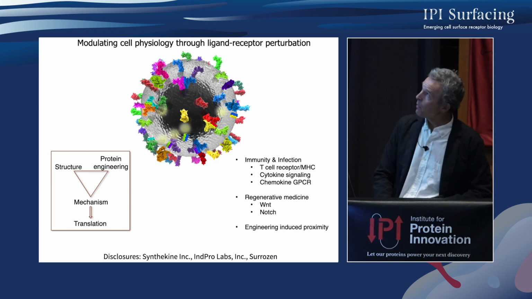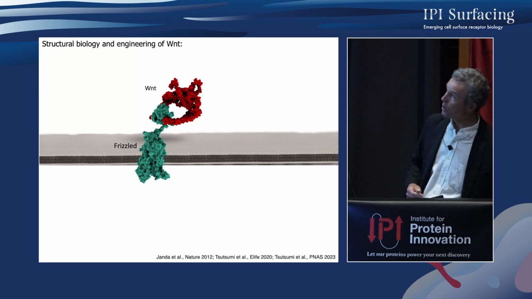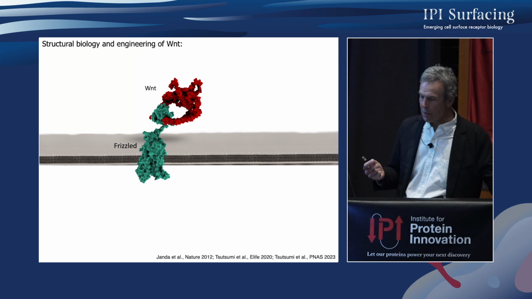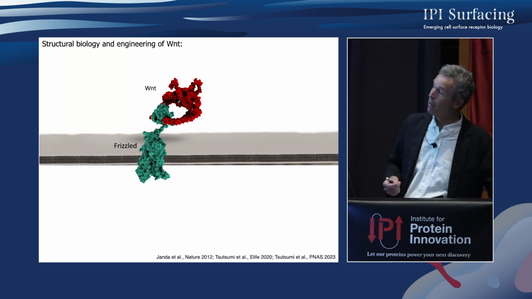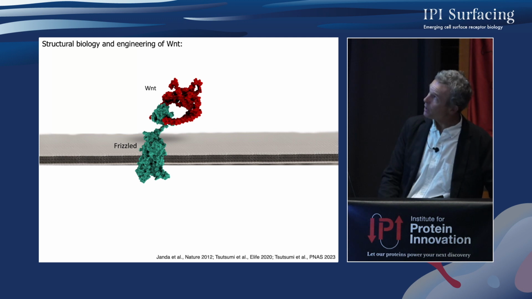So I'm going to start off with Wnt, which probably needs no introduction. I came into Wnt because it was this really interesting structural challenge of a lipidated growth factor that bound to a receptor, frizzled, that was a 7-TM receptor that had analogies to a GPCR, but it didn't really work like a GPCR.